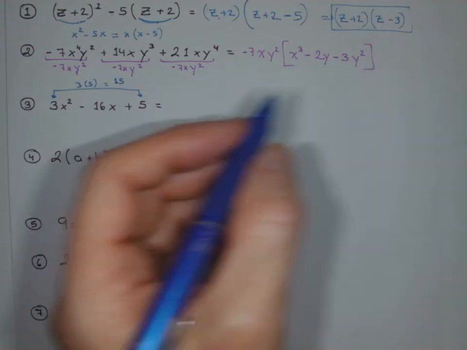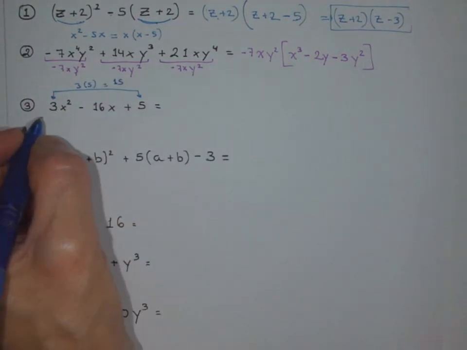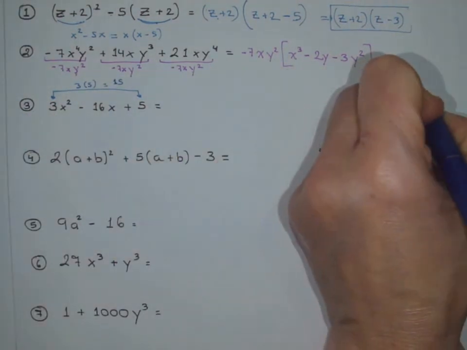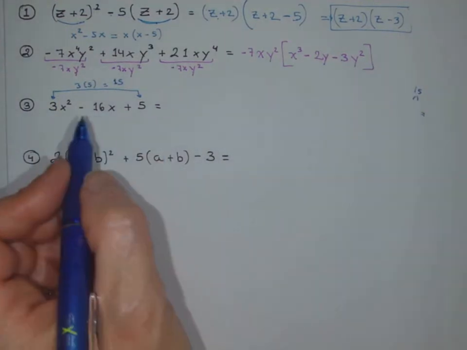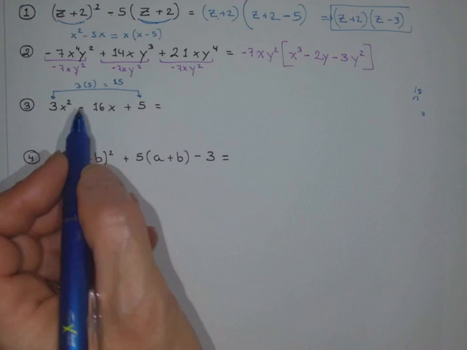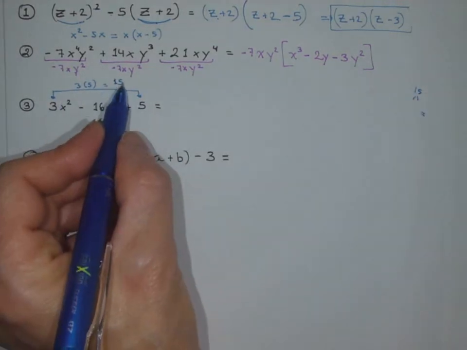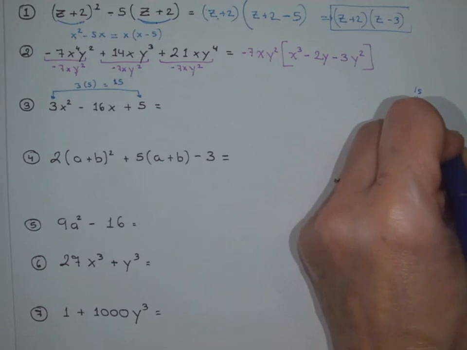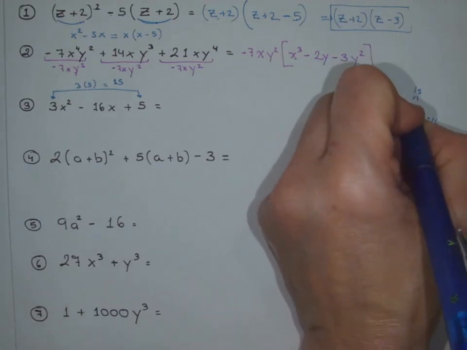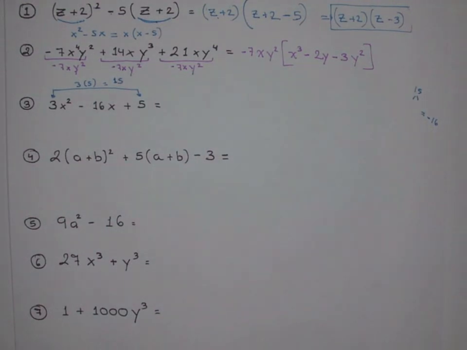So on the side, I'm going to ask myself, what can I multiply to give me a 15, but add up to give me that middle term here? So I want to multiply to give me that 15, but add up to give me a negative 16.